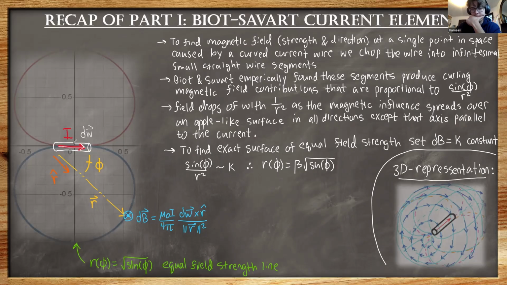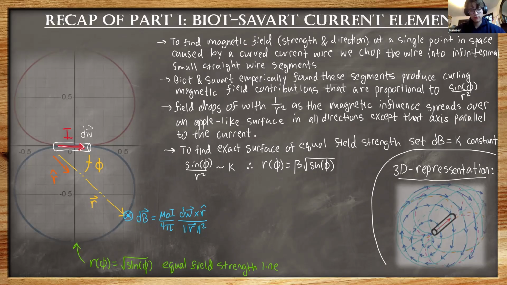So phi, if you were to point an arrow in the direction of the current of the wire, call that arrow a small bit of wire, dw, then pick a point of interest where you want to calculate the field. If you draw a radius from the wire to that point, then phi would be the angle between the current and that point. And then the radius, of course, would just be the straight line distance between the Biot-Savart current element and the point that you're trying to calculate the B field at.